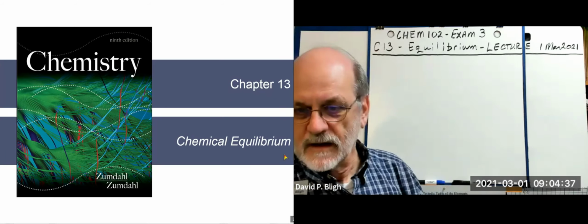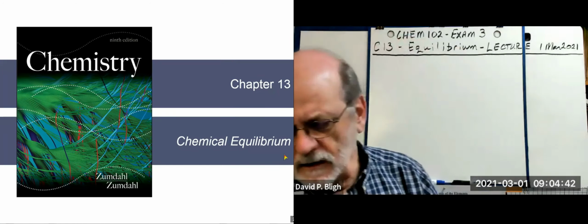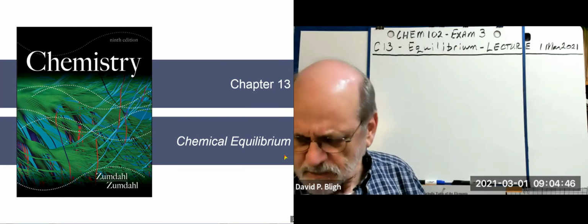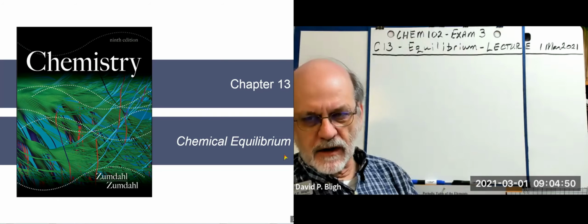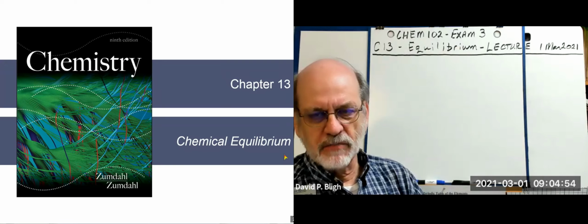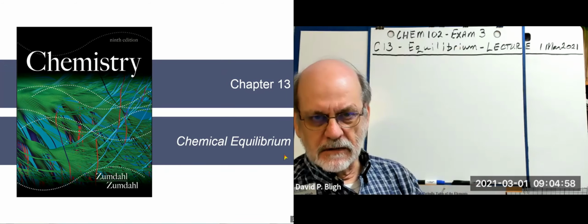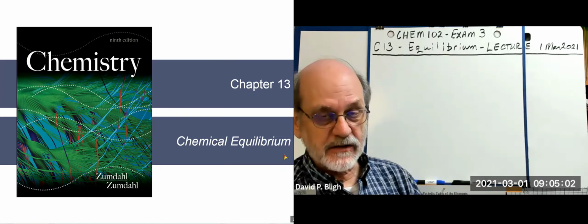Okay, chapter 13, chemical equilibrium. I may have mentioned when we were in chapter 12 on kinetics that the order of introduction of these two subjects was important. Chemical equilibrium should normally come after chemical kinetics.